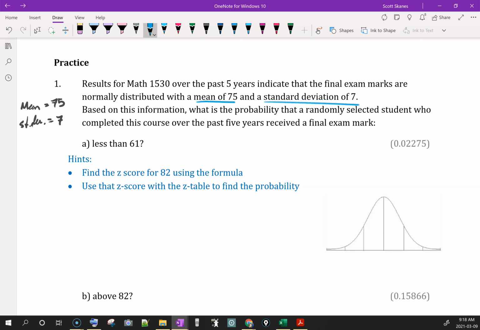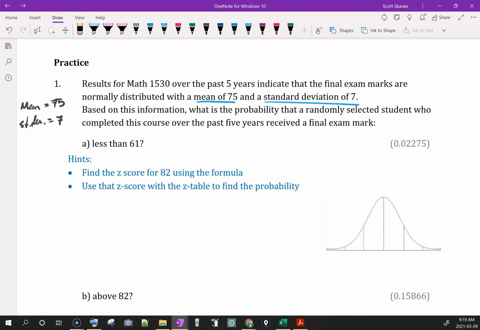Based on this information, what is the probability that a randomly selected student who completed this course over the past 5 years received a final exam mark less than 65? So in this case, we're looking for a probability that the value is less than 65. So I'm actually not going to write anything there yet. We'll talk about how we're kind of missing some information.